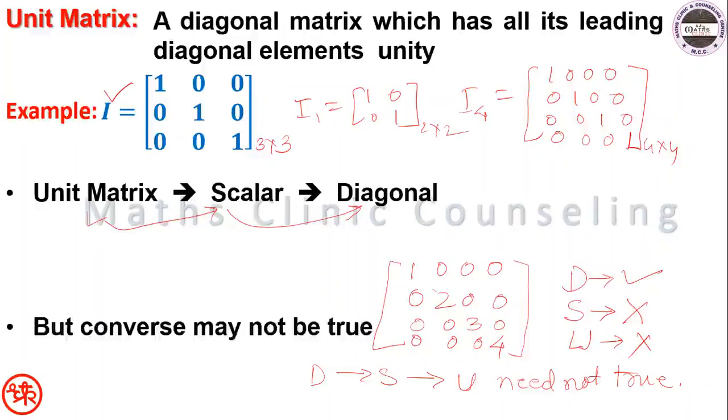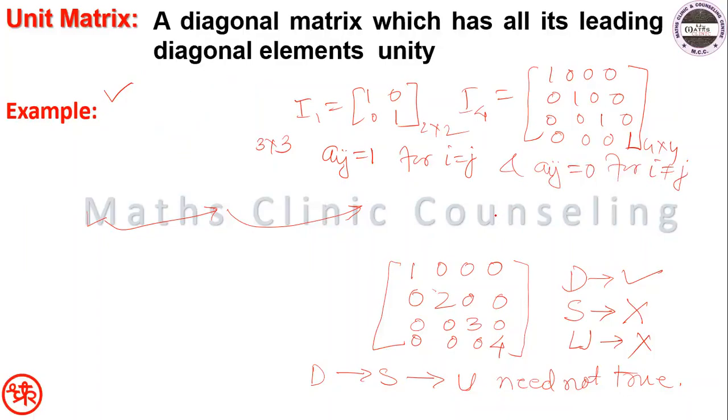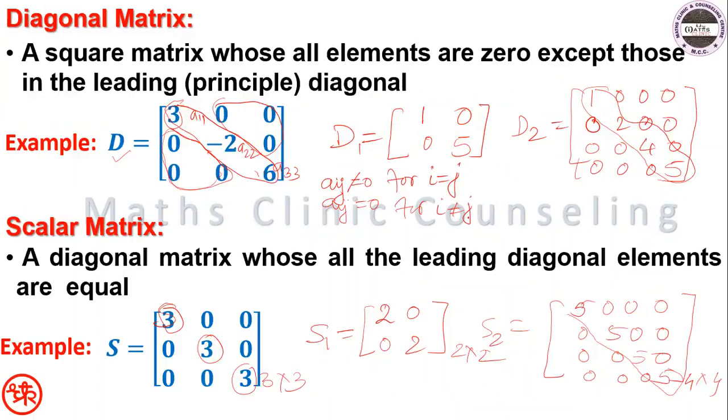Okay, now here unit matrix, what is a unit matrix? aij is equal to 1 for i equal to j, and aij is equal to 0 for i not equal to j. We have already written this.